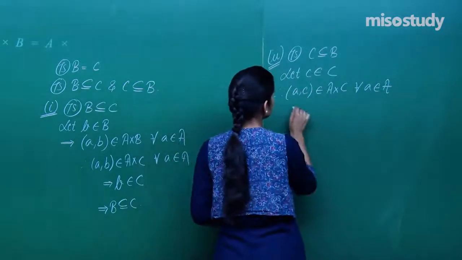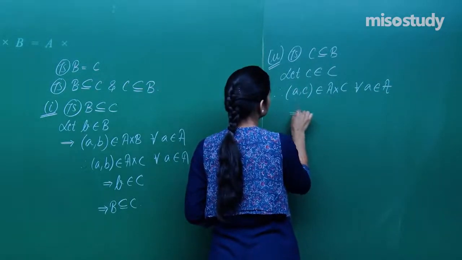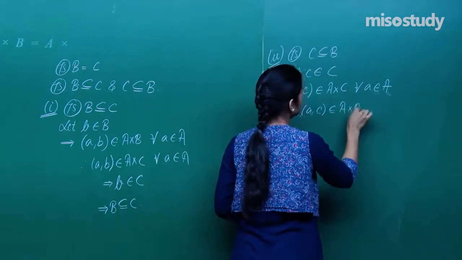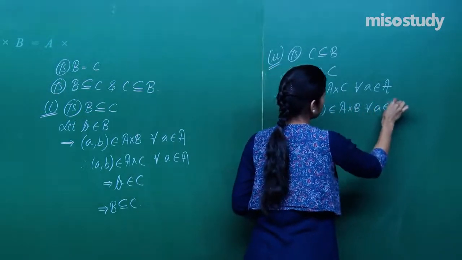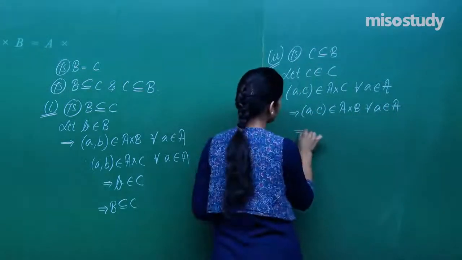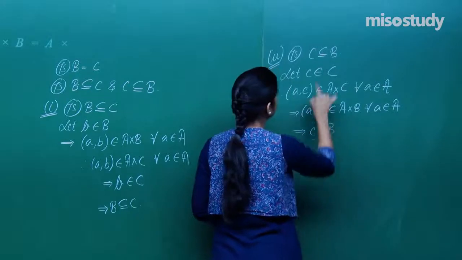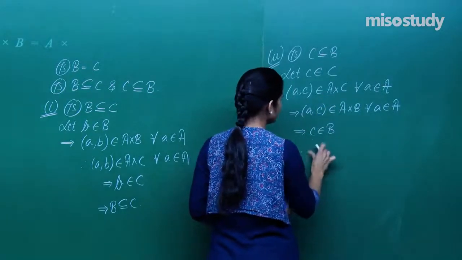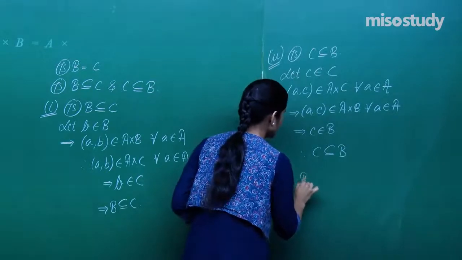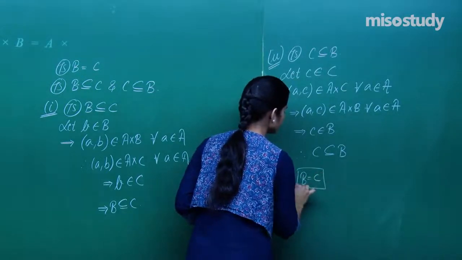But A cross C is same as A cross B. So this is belonging in A cross B. This means the second component is coming from the second set. So c belongs in B. And c was arbitrarily chosen. So you are getting C is contained in B. Therefore, B is equal to C.